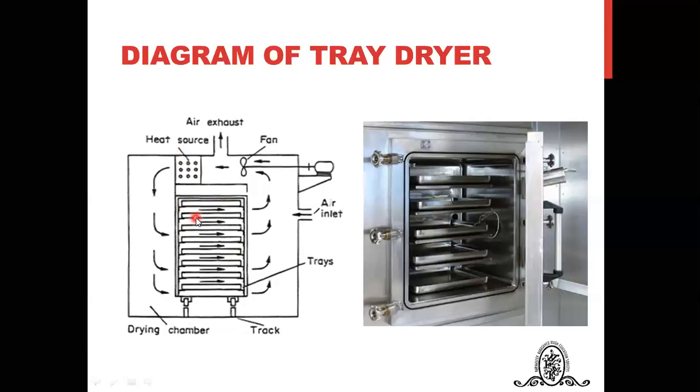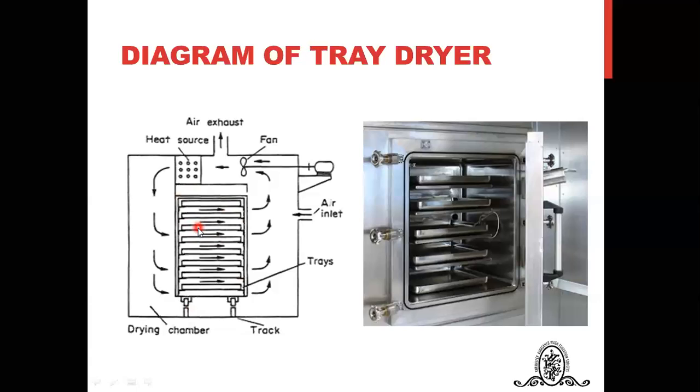Here the heat transfer takes place from the heated trays or from the outer heated material which is present in the tray dryer, and from this heated surface some radioactive rays are transferring, and we can say that this process of transferring of heat through the heated surface is known as radiation.